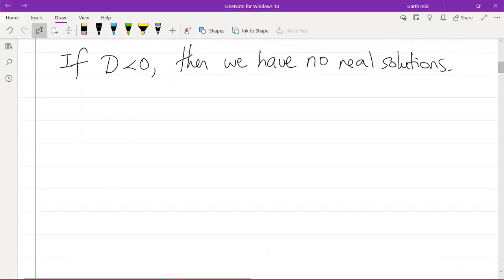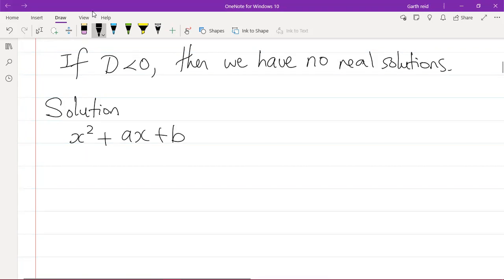I'm going to start my solution to this question now. We want to complete the square for x squared plus ax plus b. You already know how to complete the square. Some of you might do it differently than I do, but I will explain the process as we go along.